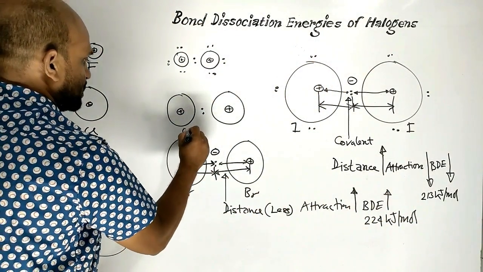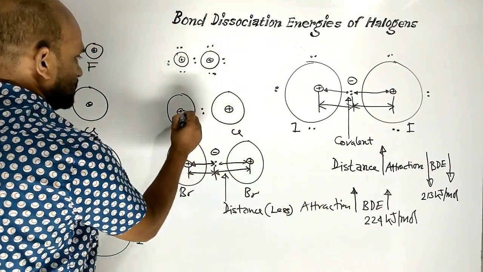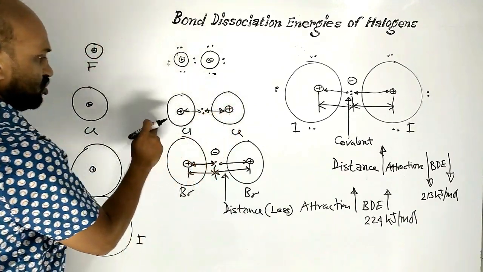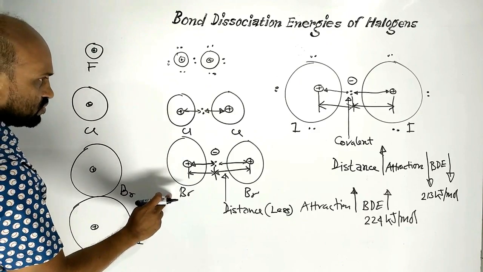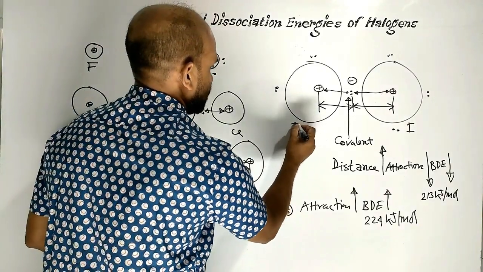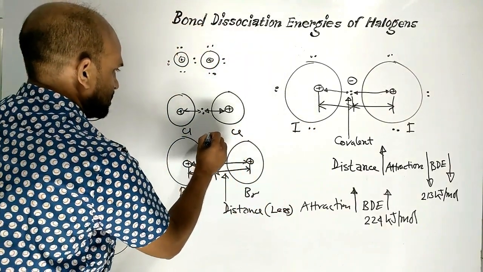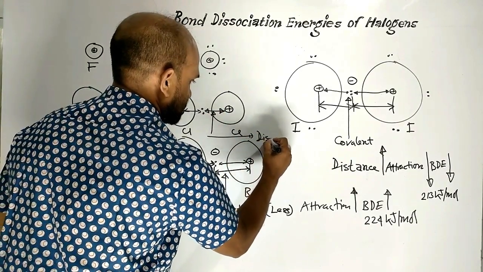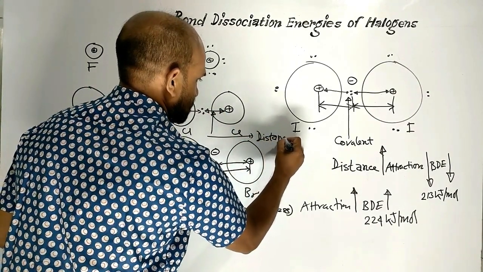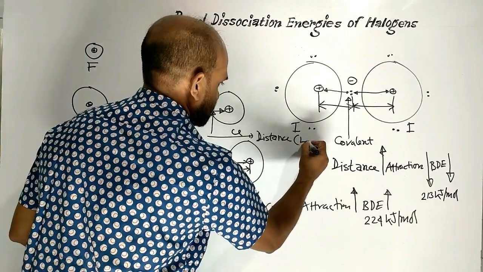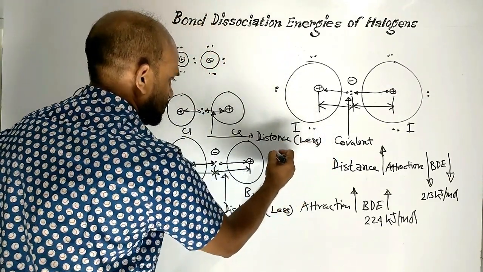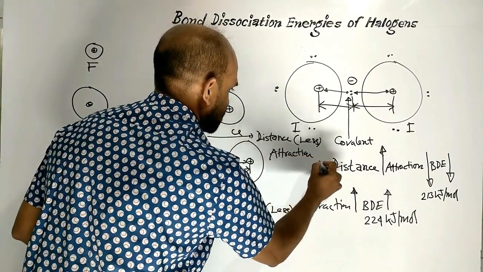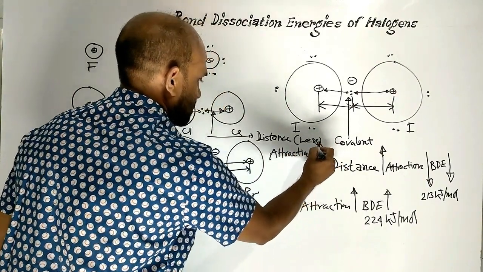In case of chlorine, this distance is even lower compared to bromine and iodine. Here, less distance, then attraction is even higher.